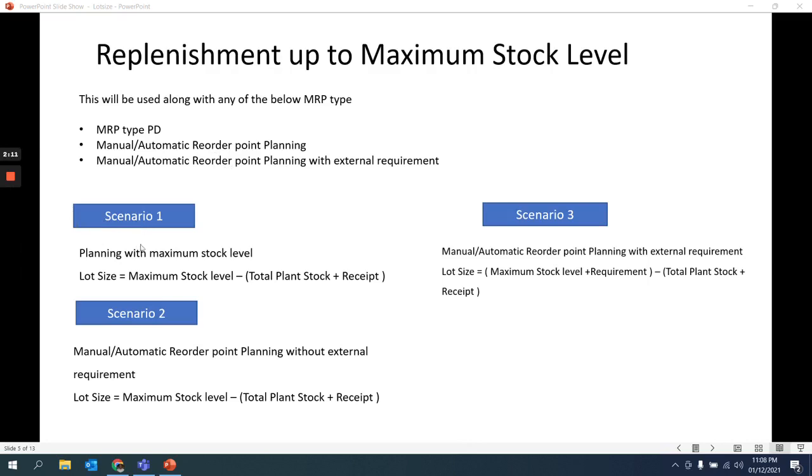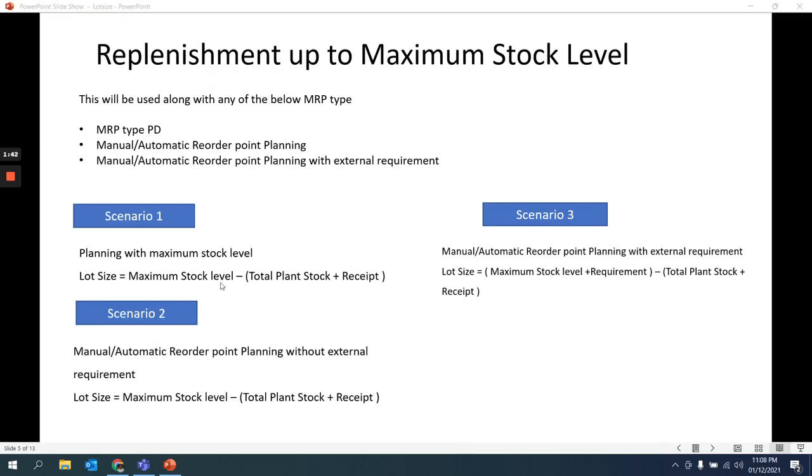Take scenario 1, where we are using replenishment up to the maximum stock level along with MRP type PD. Here the system calculates the order quantity by subtracting the total supply, that means stock and receipts, from the maximum stock level. For scenario 2, where we are using reorder point planning, the formula is still the same.